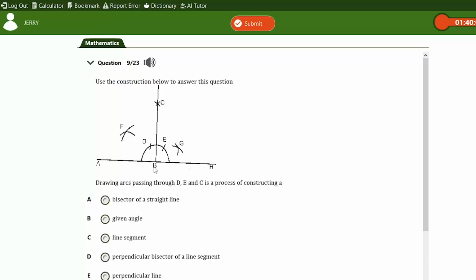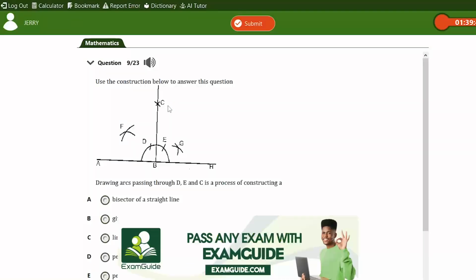Let's look at it. They said drawing arcs passing through D. So this is point D. This arc here, this is an arc, and E, this is an arc, and C, this is also an arc.